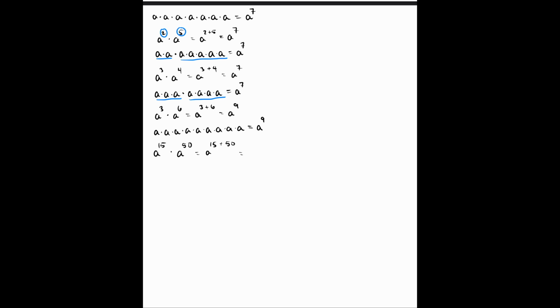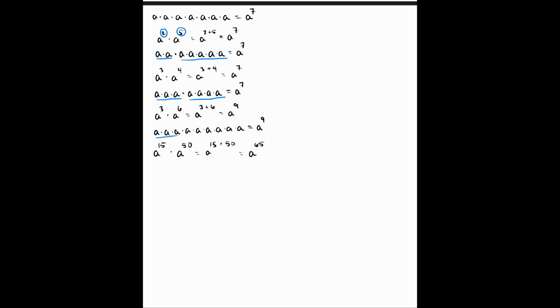A to the 15th times a to the 50th power would be the same thing as a to the 15th plus 50, which is a to the power of 65. And we didn't have to write down all of the a's, nor did we have to count how many a's we have, because we noticed the pattern.